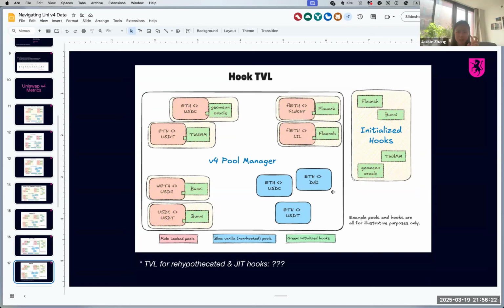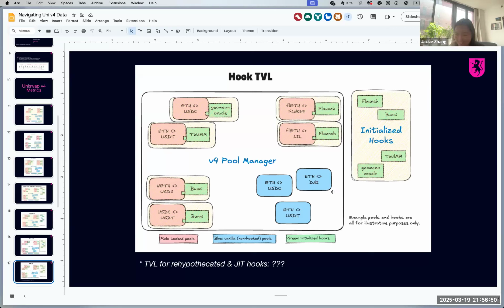But Bunny will actually take up to 90% of the liquidity that's sitting in the pool and send it over to a lending pool to rehypothecate and get more yield. And in that case, the token is no longer sitting in the hook itself, nor, obviously, in the singleton. So how do you track that? How do you think about that? That is an active conversation we're having right now.